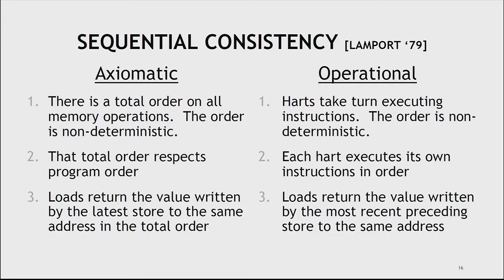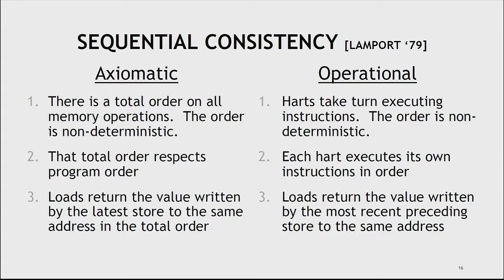We mentioned sequential consistency earlier. Hopefully many of you are familiar with it, but here's how you might define sequential consistency in two different ways: one operationally, one axiomatically. On the left-hand side, the axiomatic style, you would say that there's a total order over all of the memory operations in the program, all the loads and stores. Rule number 2 is that the total order in number 1 respects everything in program order. Program order is the order that everything is laid out in the original code of the program.